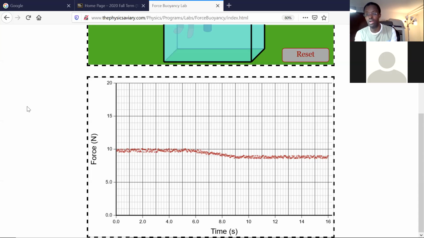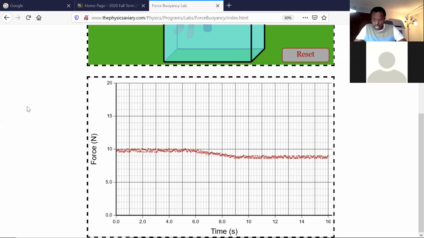For the first lab, you will need to plot a graph of the buoyant force against the gravitational acceleration corresponding to a specific planet or moon. You will plot that and get the equation that explains the relationship between the two.